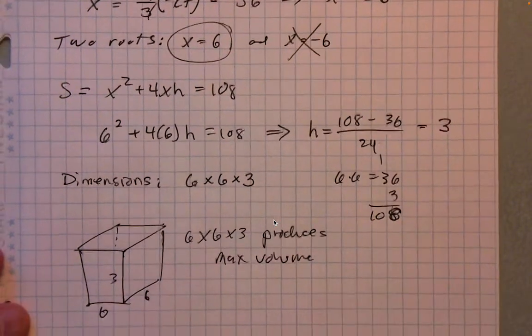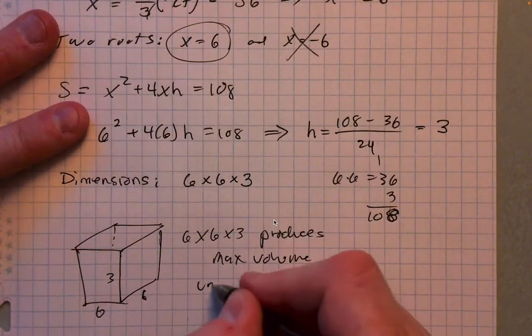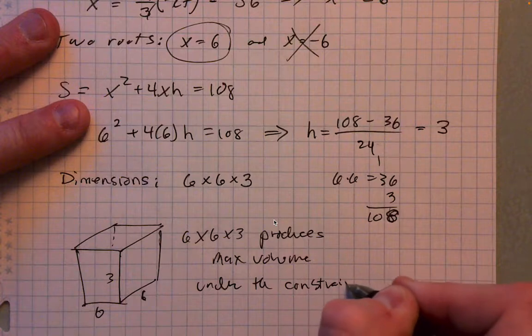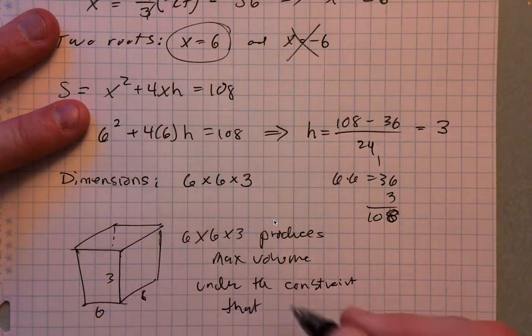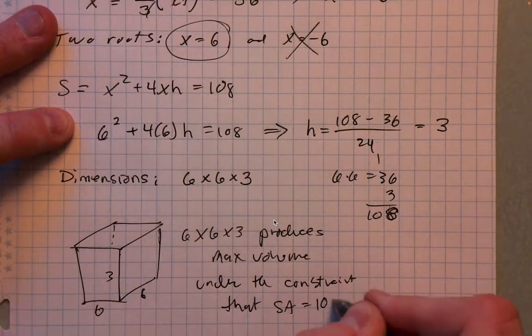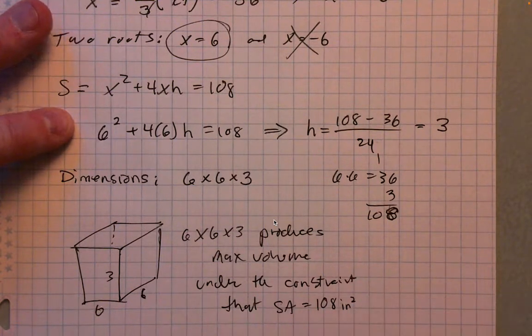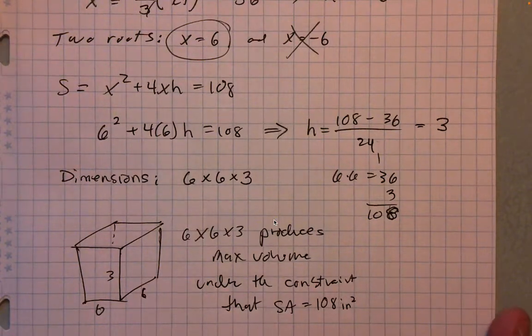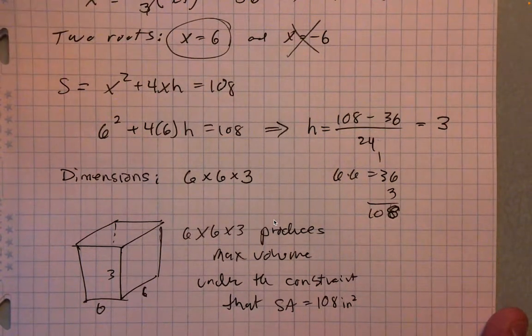And of course, that produces the max volume under the constraint that the surface area is 108 inches squared. Okay. So, all right, very good. So that's the first example.